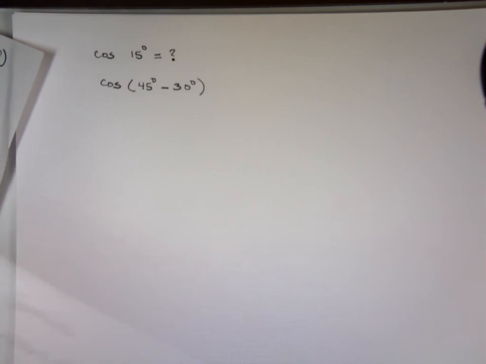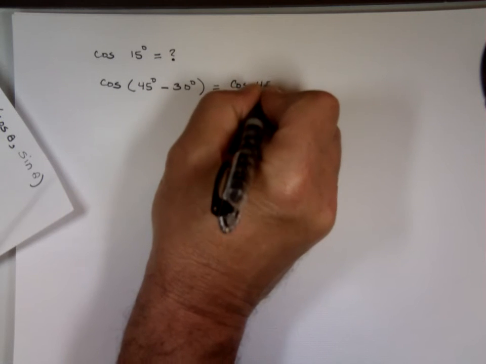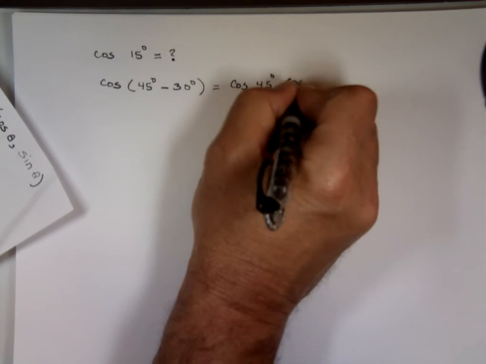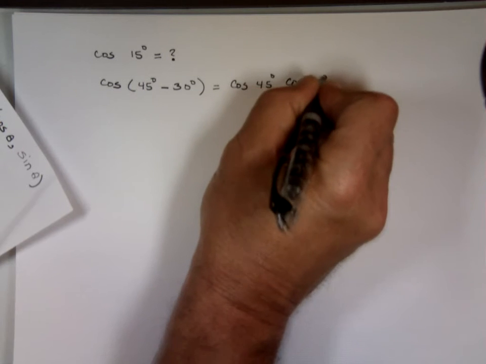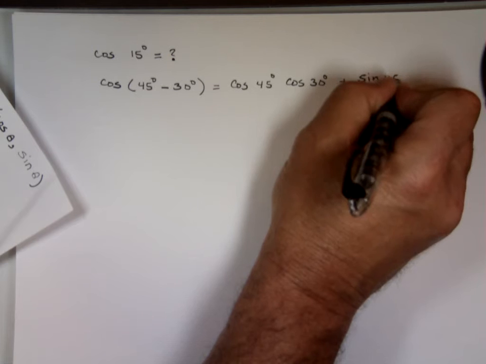So this will be cosine 45 degrees, cosine 30, plus sine 45, sine 30.